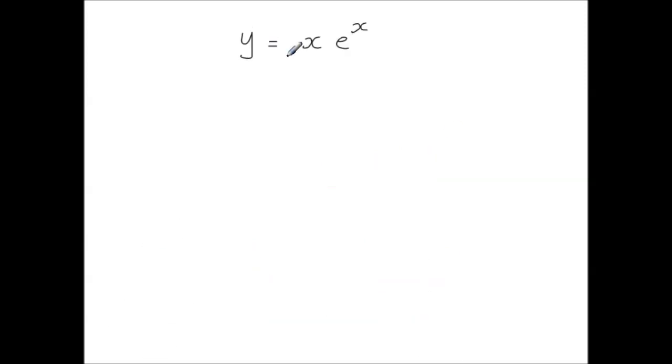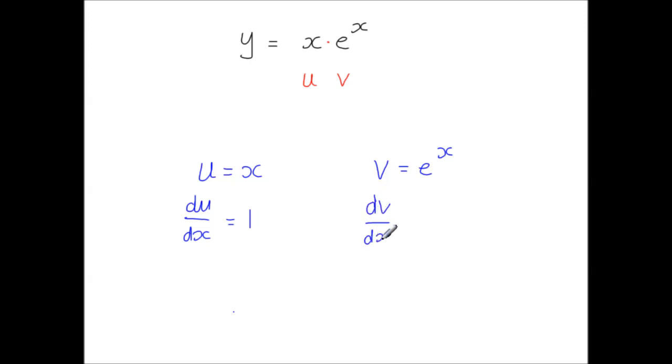Okay, so to differentiate this, that's my function u, this is my function v, u is equal to x, and v is equal to e to the power of x, and then differentiate each one, so du by dx is equal to 1, and dv by dx is equal to e to the x. And then looking at the formula, I'm now just going to cross multiply.